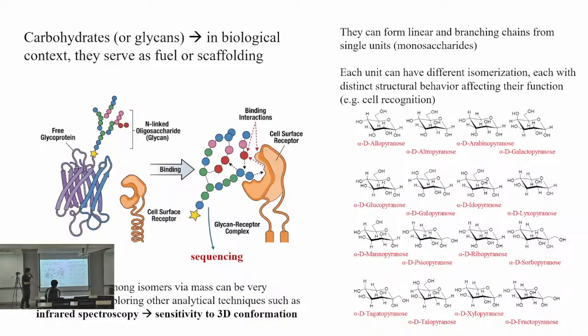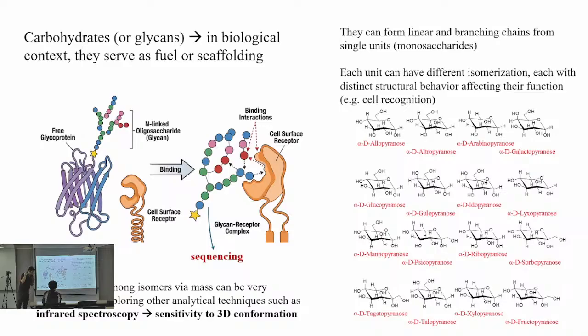And different isomers would have different interactions, for example, in a glycopeptide system. And that's important for these binding interactions, or as a receptor complex. So this is something that's quite important.